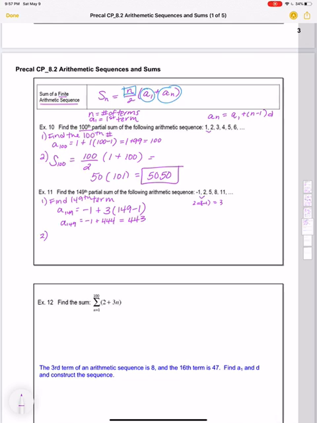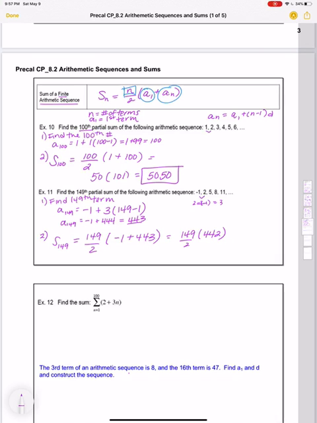So that means the sum of the first 149 terms of this sequence is 149 divided by 2 times negative 1 plus this number, 443, the 149th number. All right, so now we've got 149 over 2 times 442.